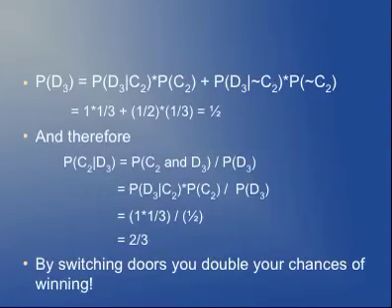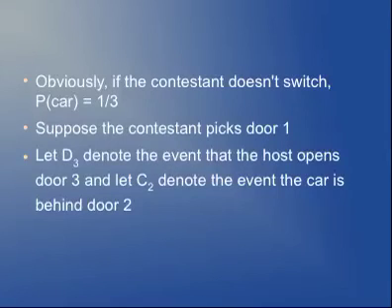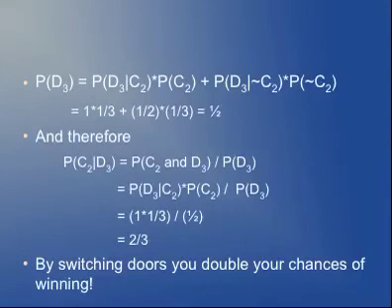So then the probability that the host opens door 3 is equal to the probability the host opens door 3 given that the car is behind door 2 times the probability the car is behind door 2, plus the probability that the host opens the third door given that the car is not behind the second door times the probability the car is not behind the second door.